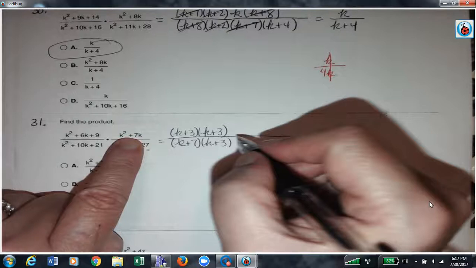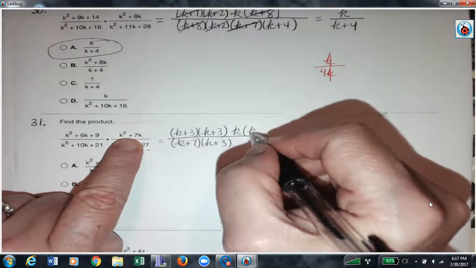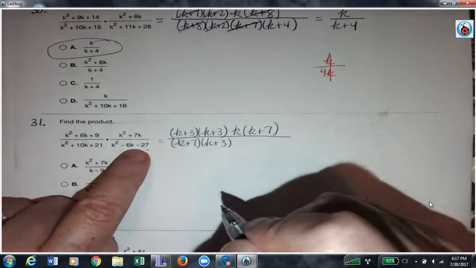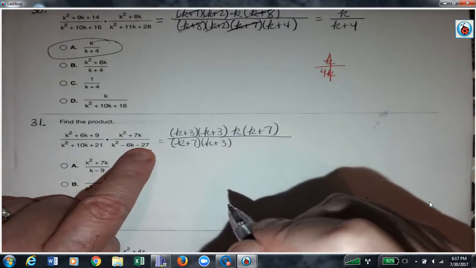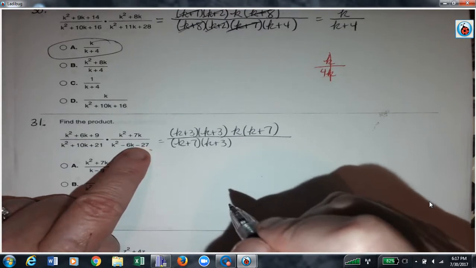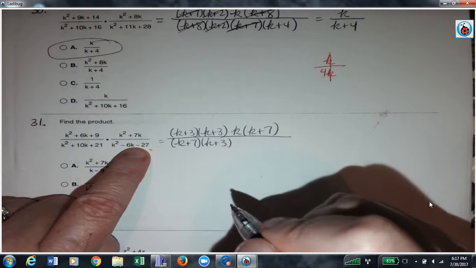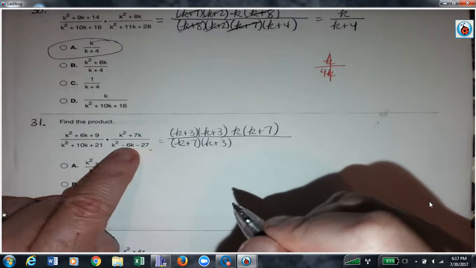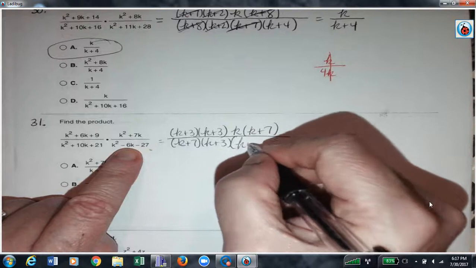And here they have a k in common, so I can factor it out. 27, 9 times 3. Okay, so negative 9 and positive 3. Negative 9 times 3 is negative 27, and negative 9 plus 3 is negative 6.